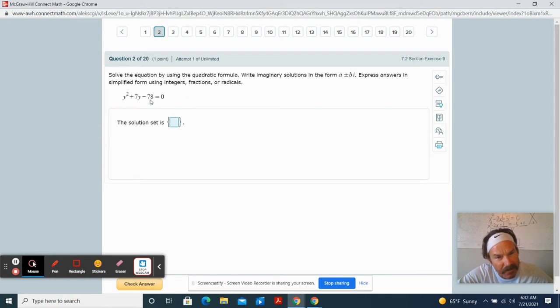See this one here, I believe, might be non-factorable. So if it's non-factorable, and a quick check here, 78, the only numbers that I multiply to get 78, I mean, I can think 2 times 39, 78 divided by 6 is 13.